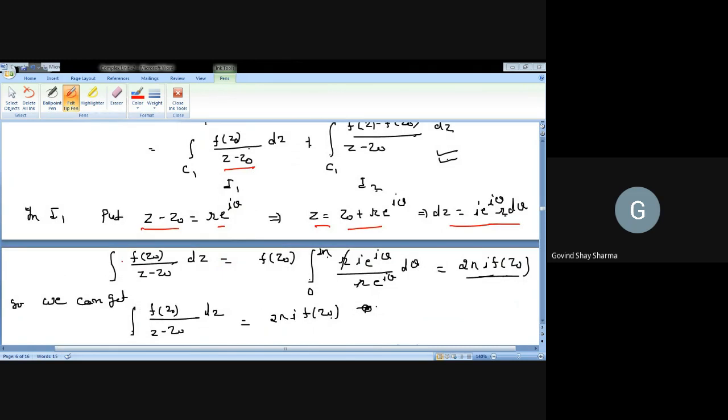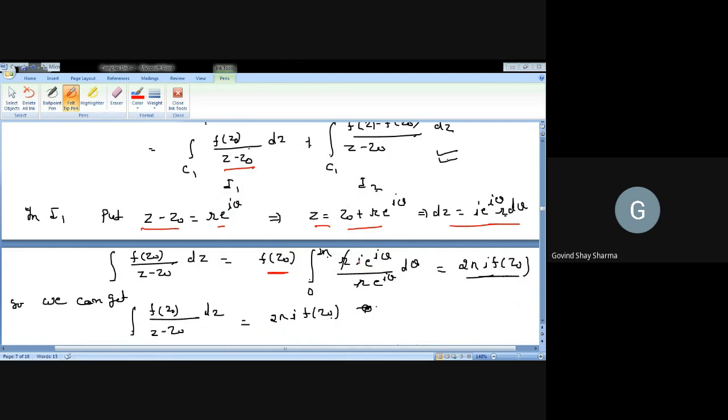Now f(z0) over z minus z0 dz is f(z0) integrated from 0 to 2 pi for a circle. f(z0) will be taken outside.